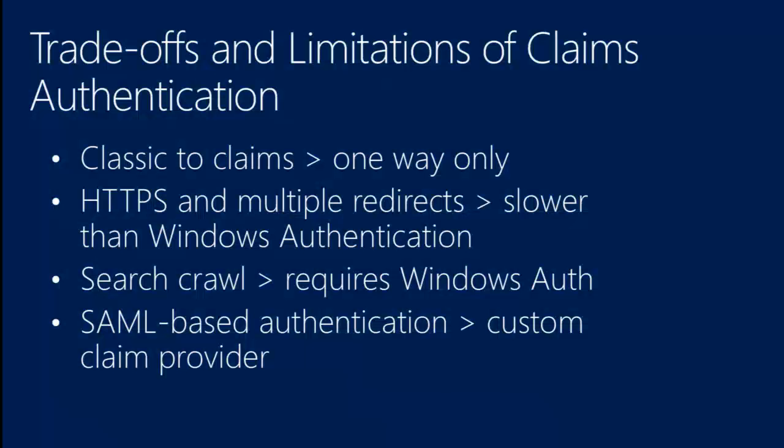All right, so let's talk about some trade-offs and limitations of claims-based authentication. If you convert an application from classic to claims-based authentication, then you cannot convert it back to classic. Keep that in mind. As I mentioned, claims-based authentication requires communication over HTTPS with a token provider and an issuer provider. As you've seen from the diagram with all the processes, there are a lot of redirects for clients that are using a web browser, so this is likely to be a little bit slower than Windows authentication or ASP.NET Forms-based authentication.